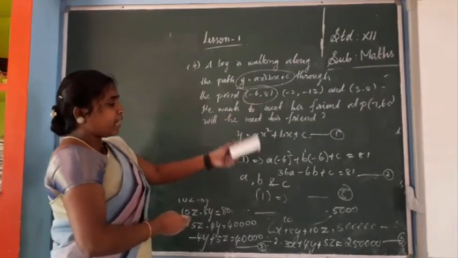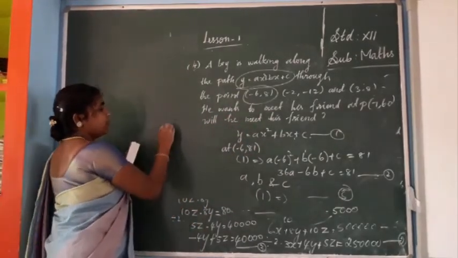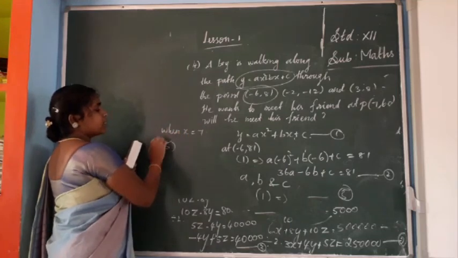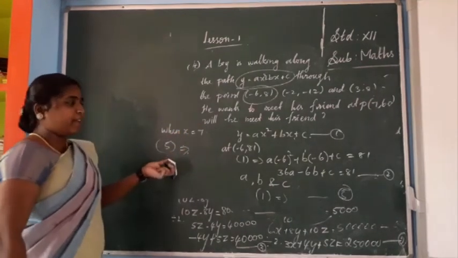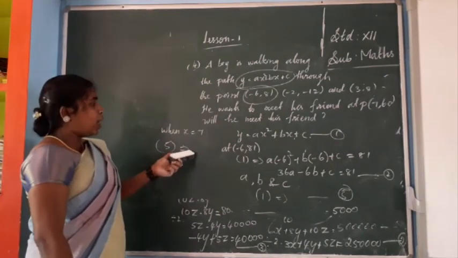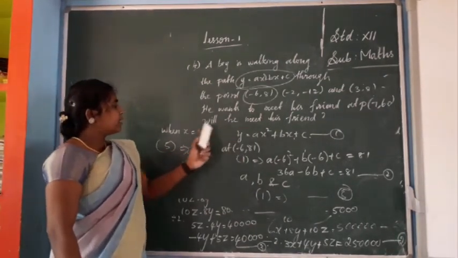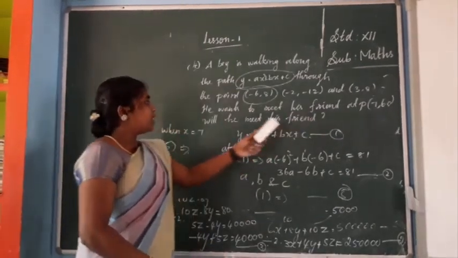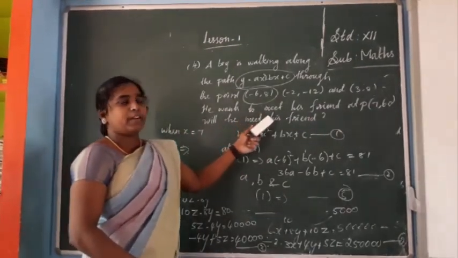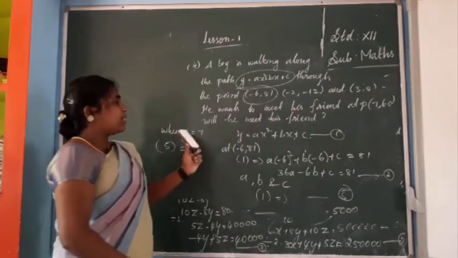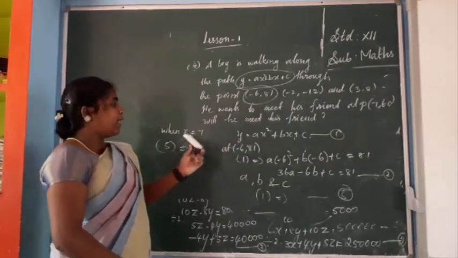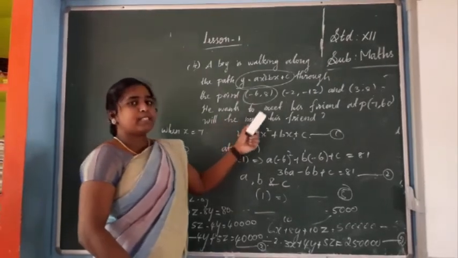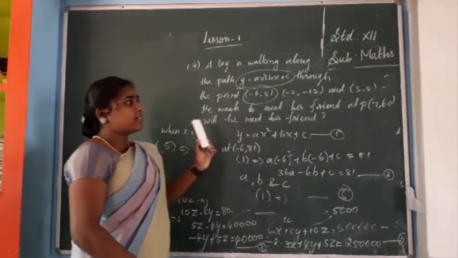Then write when x equal to 7, use 7 instead of x and you get the y value. If you are getting 16, you can say yes, he will meet his friend. So the answer is yes.